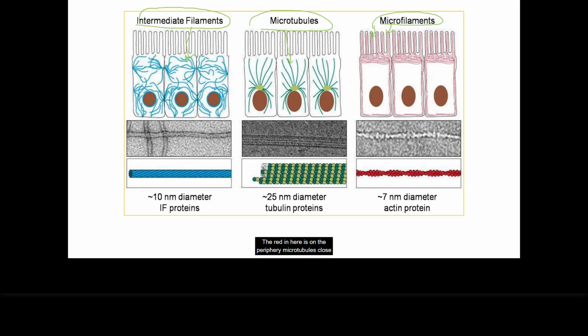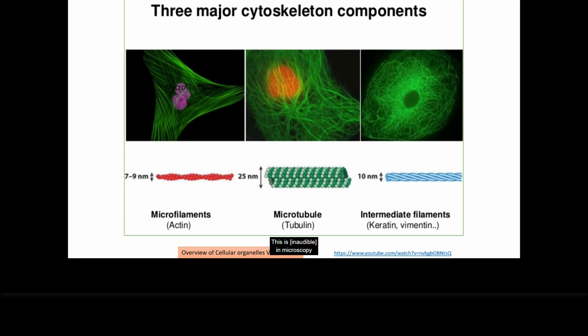So actin is on the periphery, microtubules are close to the nucleus, and intermediate filaments are all over the cell body, as shown in here. And the diameter, you can see, has different sizes. Smallest is actin, a 7 nanometer tubule, 25 is the largest. Intermediate filaments are 10 nanometers in diameter.